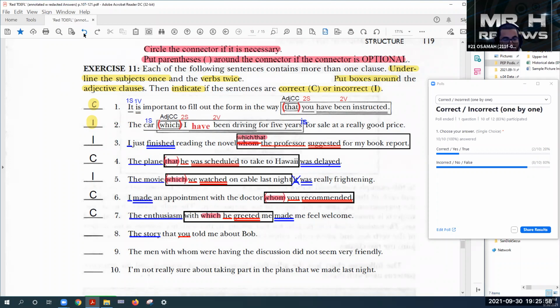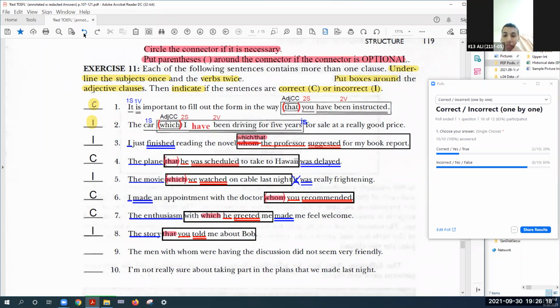We have a connector, but the first verb is missing. We have another subject and a second verb, but no first verb. So this is incorrect. There's your adjective clause, but we need a verb. The story is sad, was sad, is funny, was boring, something like that.